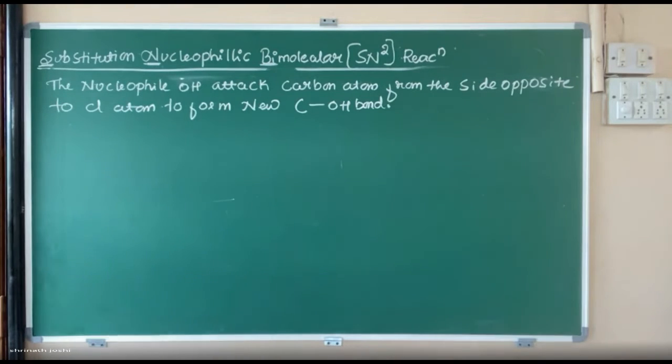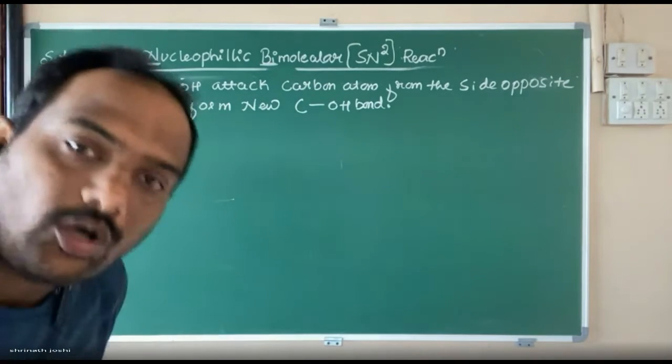The nucleophile OH minus attacks the carbon atom from the side opposite to the Cl atom. That's very good. To form a new C-OH bond. Any difficulty with this point, boys and girls?